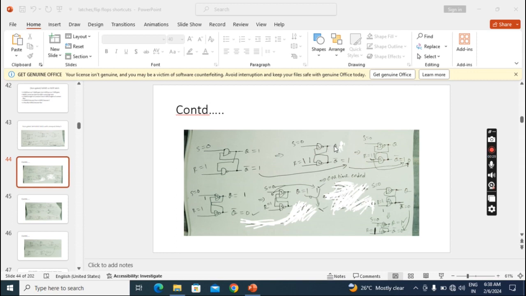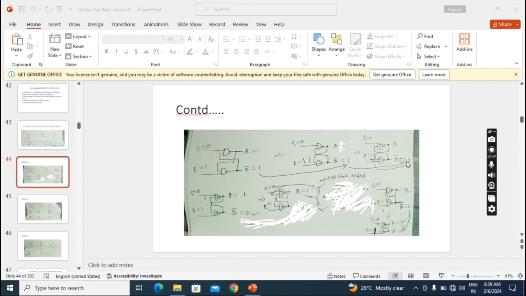So this Q I have to feed back here. Now this gate's inputs are both 1 1, so I will get 0. But already here Q bar 1 existed, so this is the existing output, and now the output I got here.